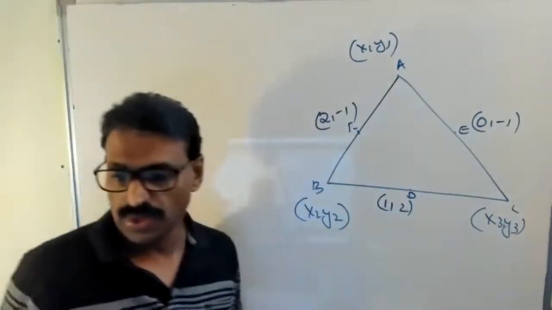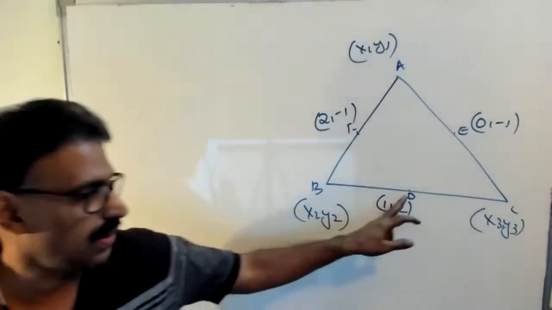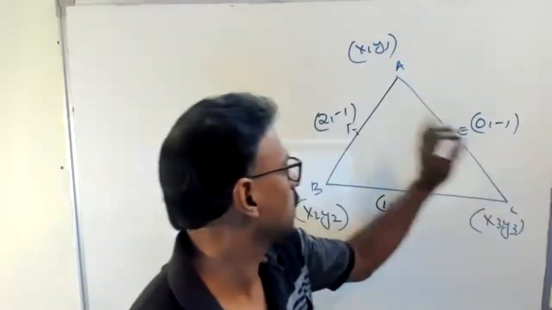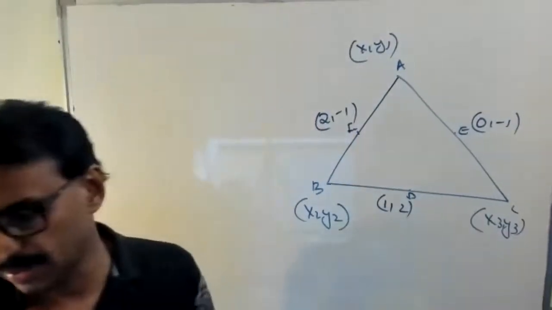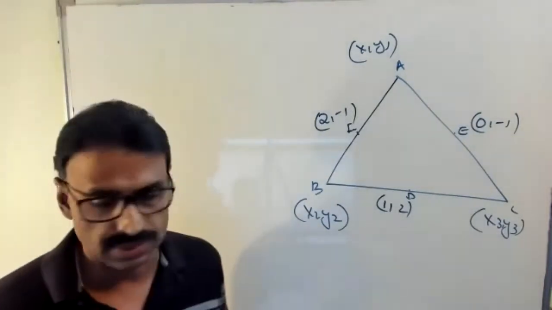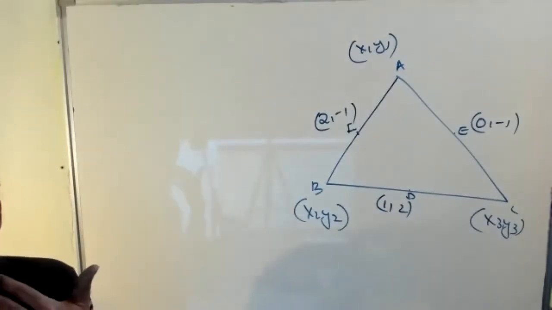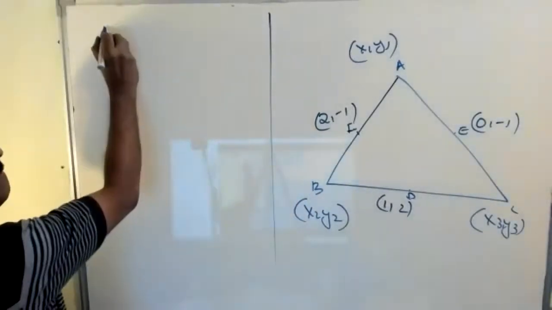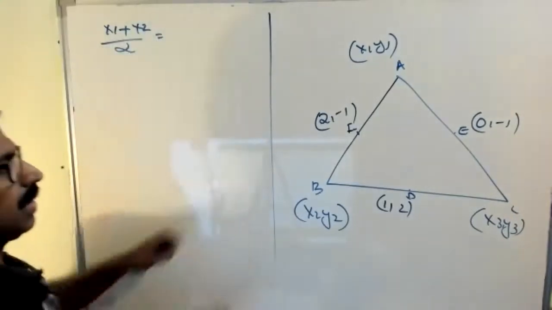D is the midpoint of BC, E is the midpoint of AC, F is the midpoint of AB. Then find ABC. We know the midpoint formula: (x1+x2)/2 equal to what?